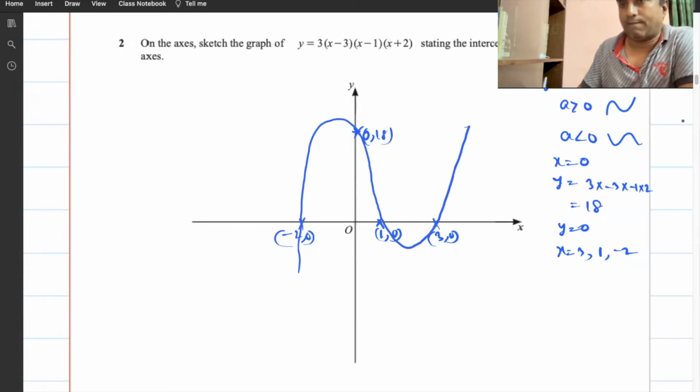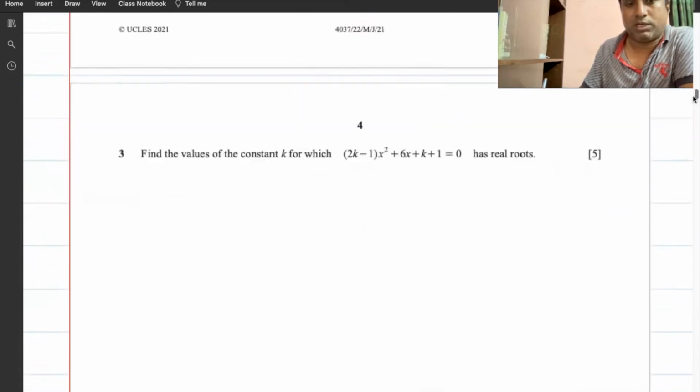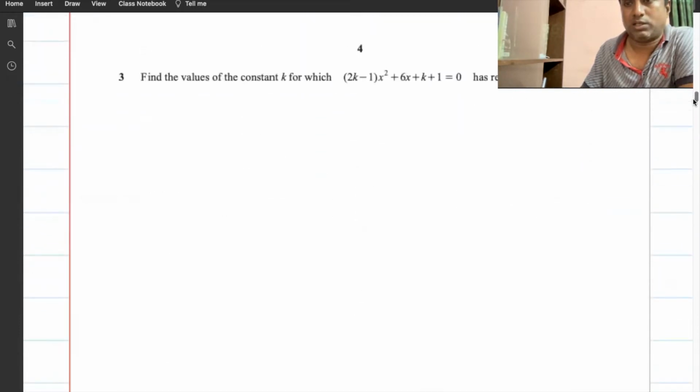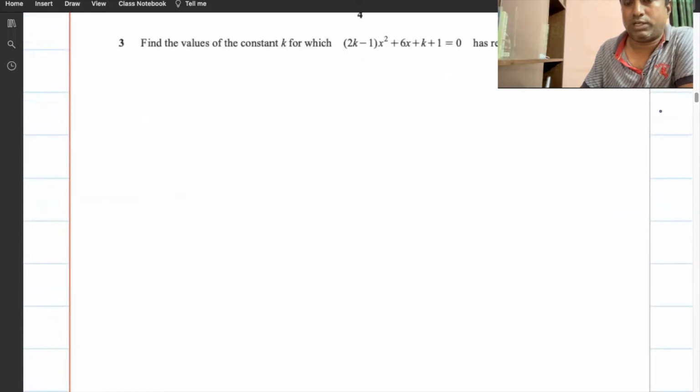Now let us come to question number 3. For a quadratic function, b squared minus 4ac is called the discriminant. If it is greater than 0, the equation has two real and distinct roots. If b squared minus 4ac equals 0, the equation has two real and equal roots.